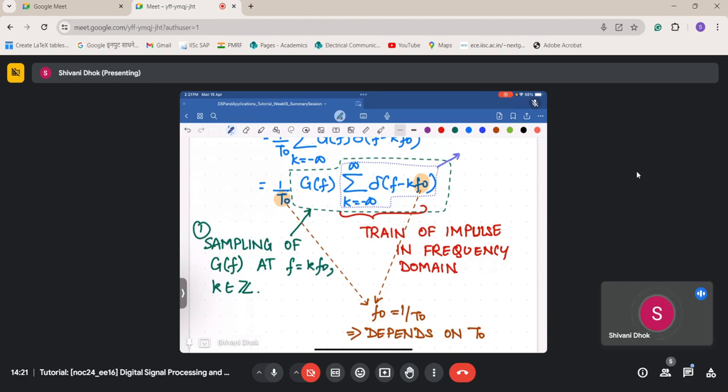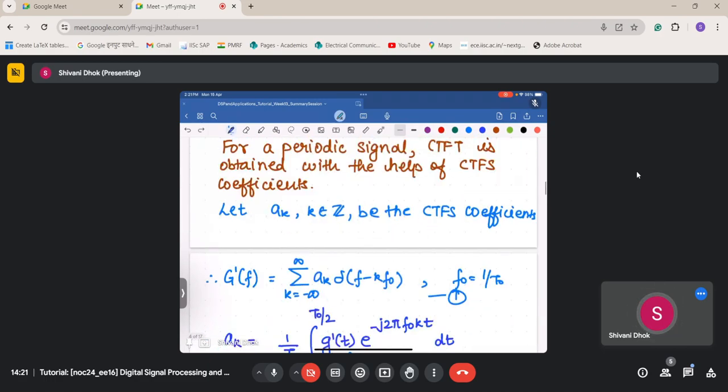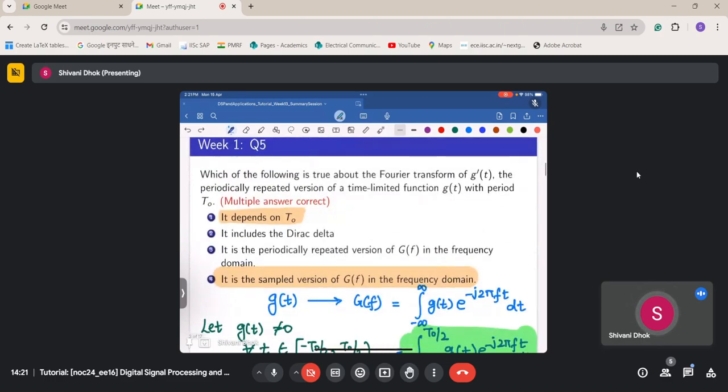So this gives us the dependency on direct delta function. So this depends on direct delta. So therefore this second option is also correct.